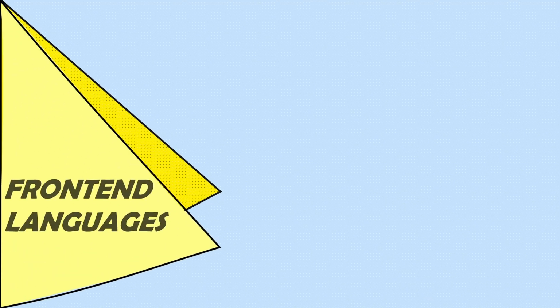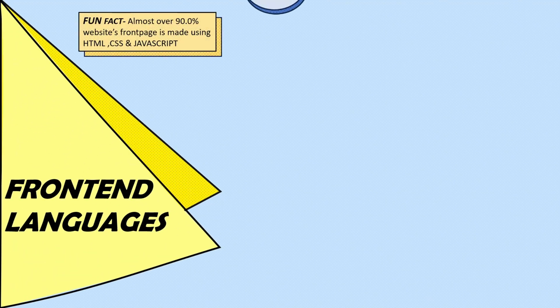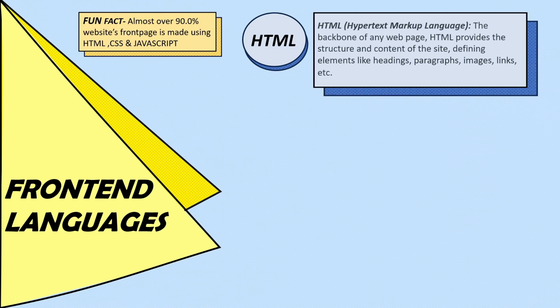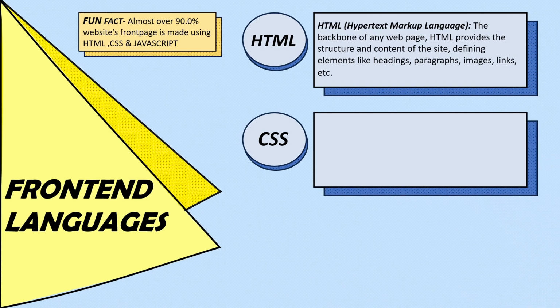First of all, starting with front-end languages. HTML, hypertext markup language, the backbone of any web page. HTML provides the structure and content of the site, defining elements like headings, paragraphs, images, titles, etc. CSS, cascading style sheets.